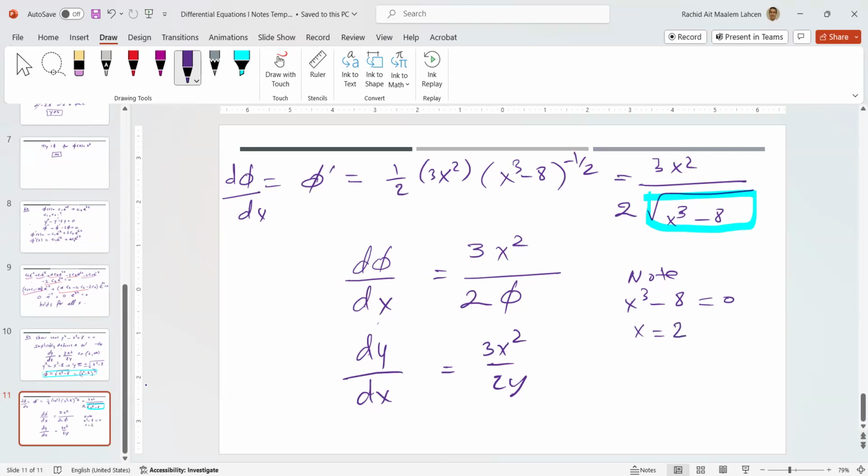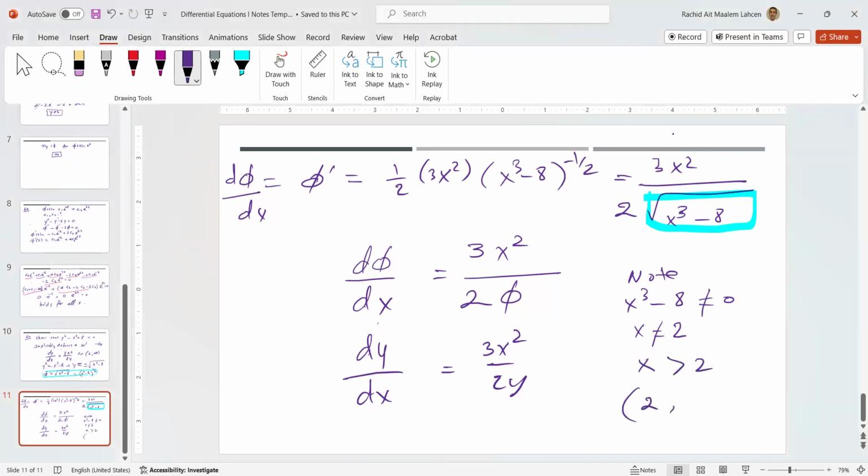But we don't want the first derivative to be undefined because it's in the denominator, so x cannot be 2. And for this to be defined, x has to be greater than 2.